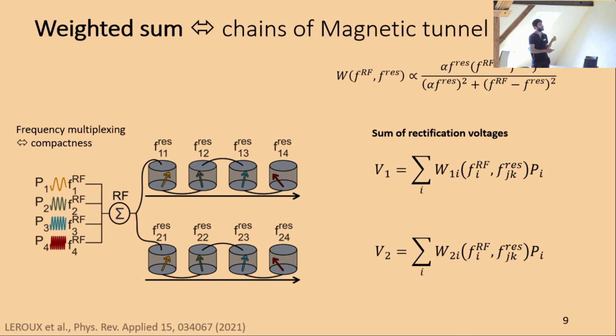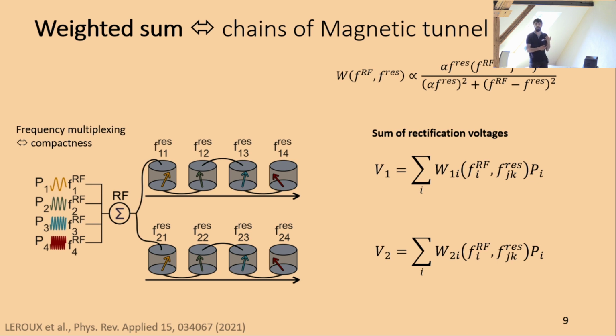And what you get is basically that each resonator will rectify each input signal. And this gives us the first building block, which is the weighted sum of the input powers. Now, to each chain, I will show you that a neuron is associated.